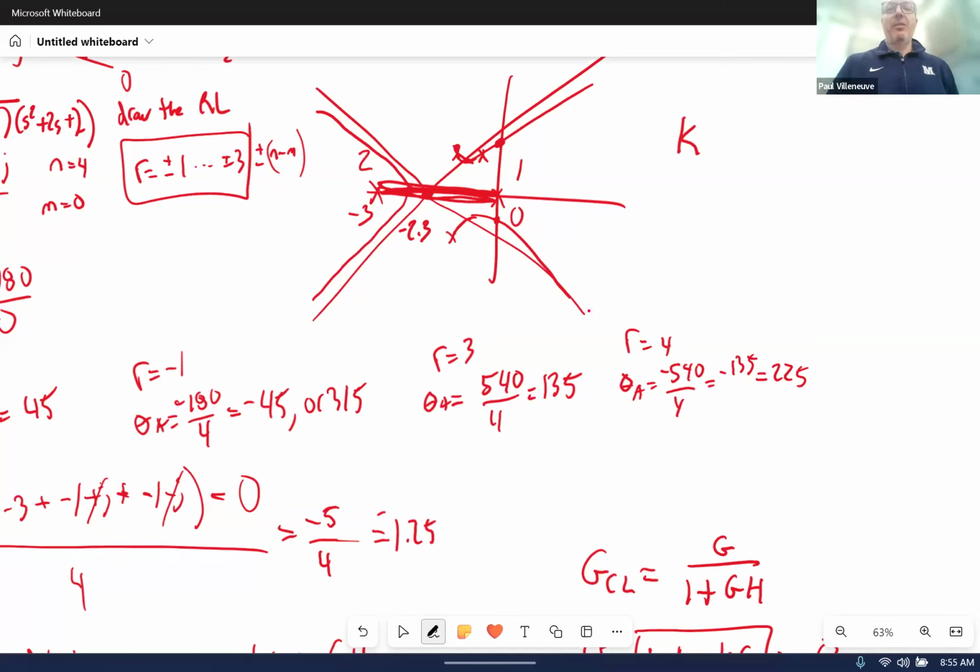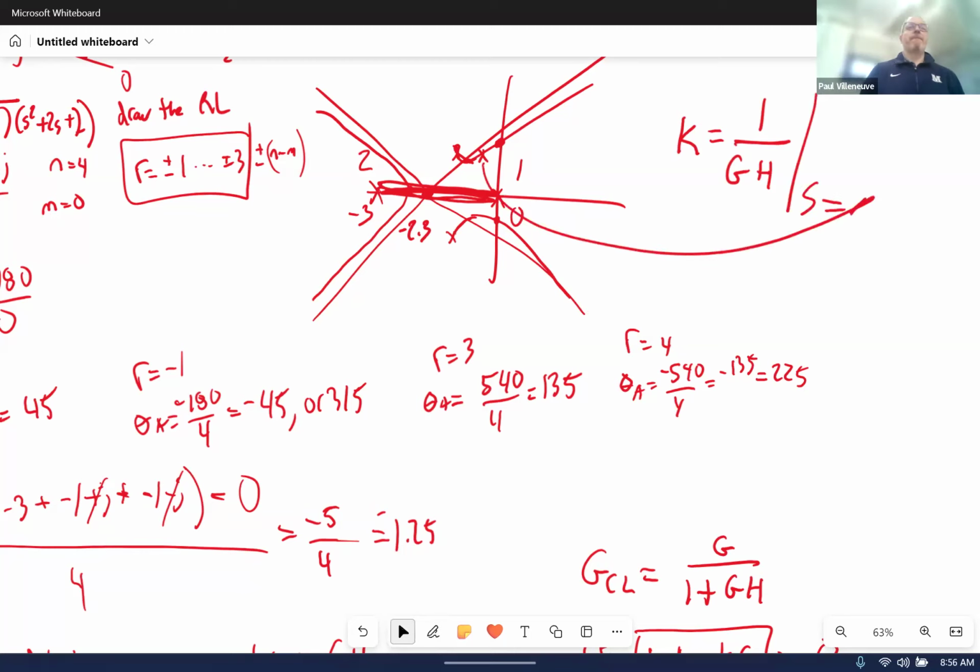So your value of K is going to be equal to 1 over GH evaluated at s equals whatever that point needs to be. Just solve for the value. Remember the damping is you've got these lines that go up like that.